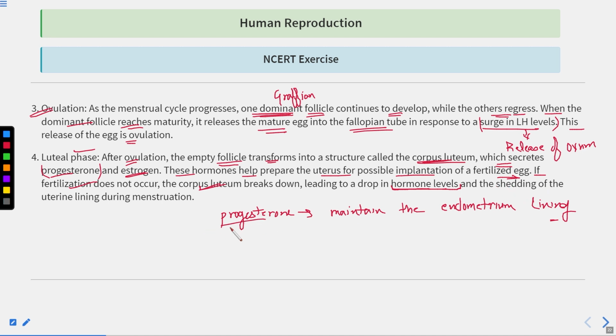These hormones, progesterone and estrogen, help to maintain the thickness of the endometrium. So if the level of the hormones is less, the endometrium will become thin, and there will be the shedding of the endometrium. All right, and this will result in the menstruation. So the next cycle will start. Clear? If there is no fertilization.